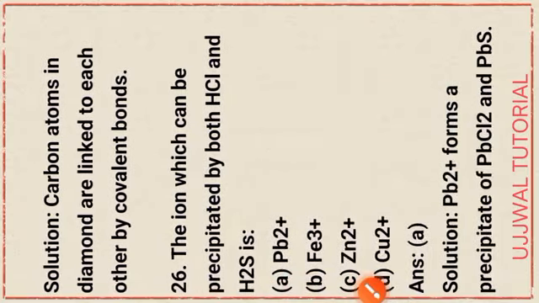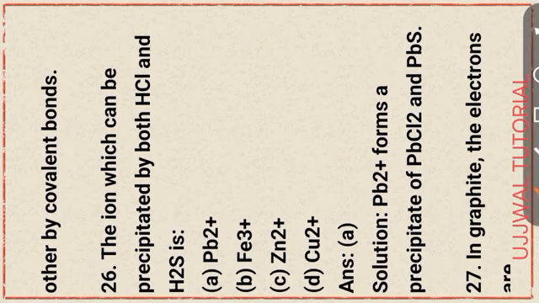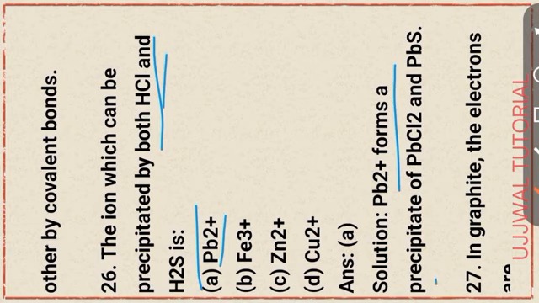Question number 26. The ion which can be precipitated by both HCl and H2S. Option A, lead cation Pb2+. Pb2+ forms a precipitate of PbCl2, lead chloride, and lead sulfide PbS.